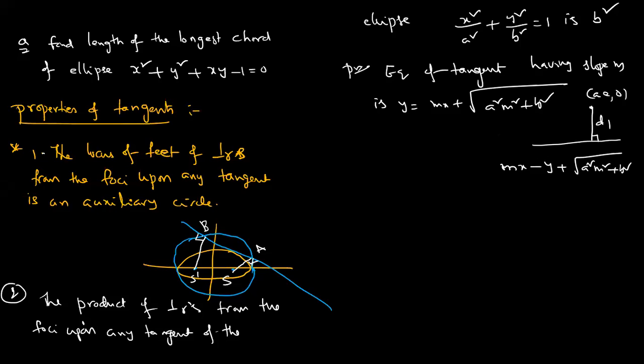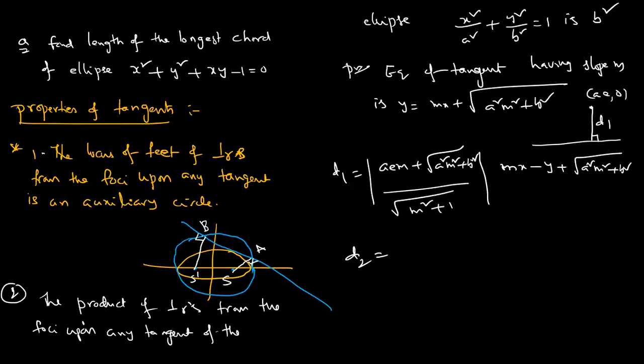Consider d1, and d2 is also there. The points are ae comma 0 and minus ae comma 0. Find the perpendicular distance drawn from the point to the given line. What is the formula? d1 is equal to ae m plus root over a square m square plus b square by root over m square plus 1.